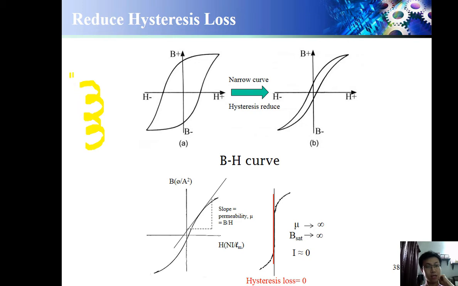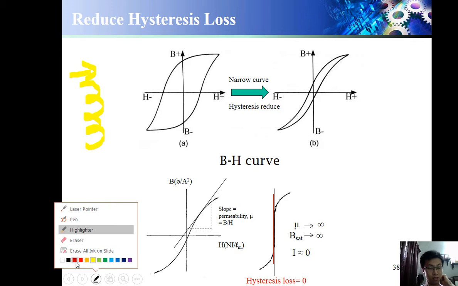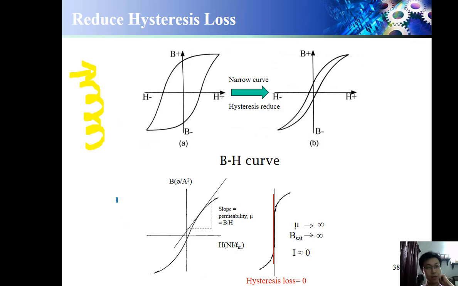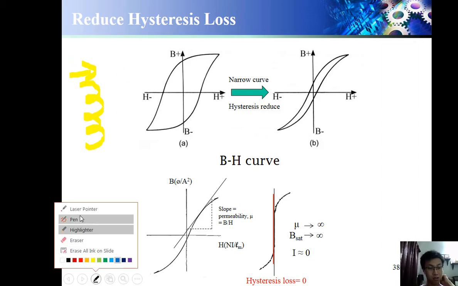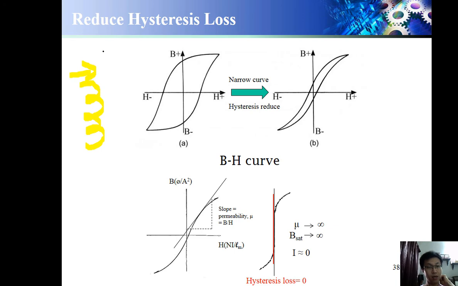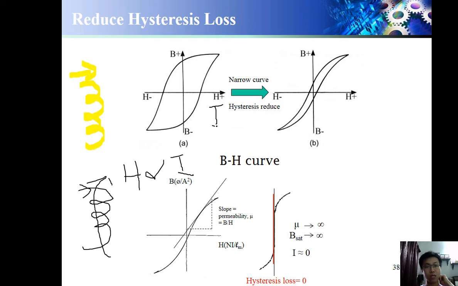If I inject a current into a coil I draw here, then the field is created here. This is the H, which is proportional to the current, so I can assume the current here.